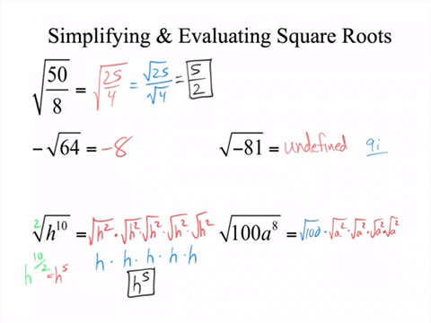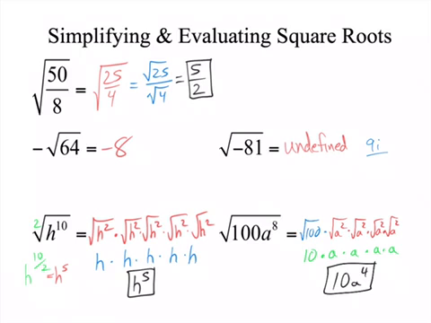Now, from that, can each one break down to something unique? Yeah. The square root of 100 is 10. The square root of a squared is a. So a times a times a times a. So my answer is 10a to the 4th.